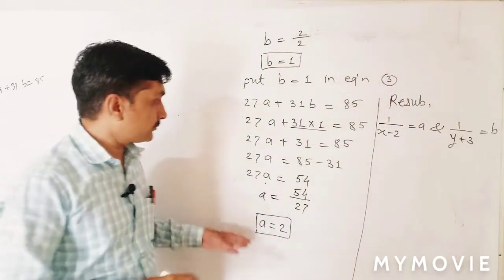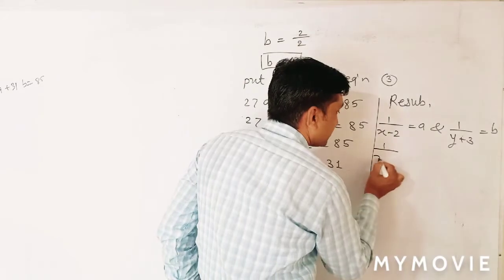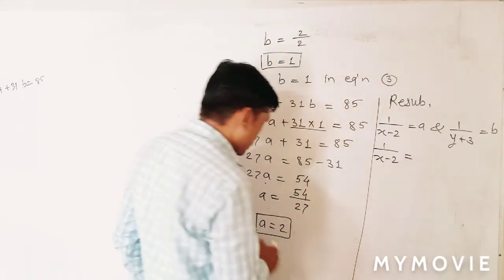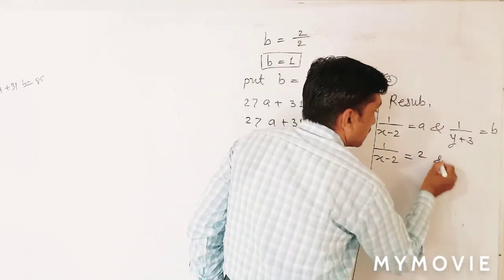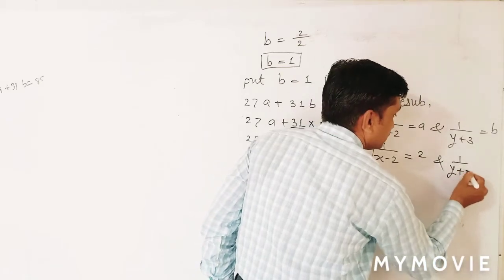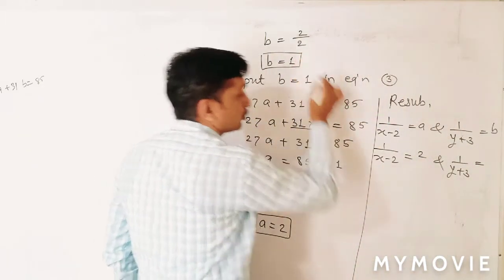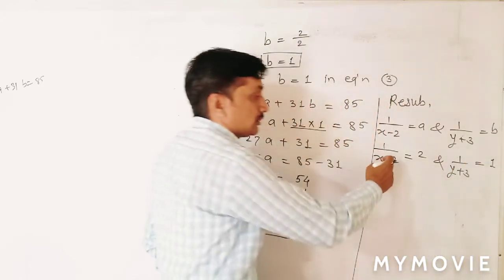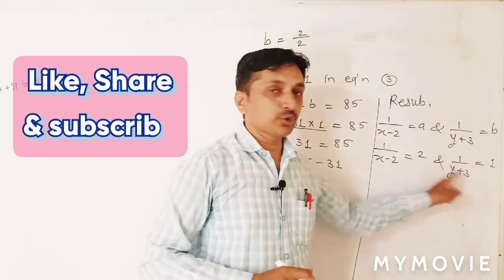Here we have to resubstitute the a and b values. 1 upon x minus 2 is equal to, what is the value of a? 2. And 1 upon y plus 3, what is the value of b? 1.